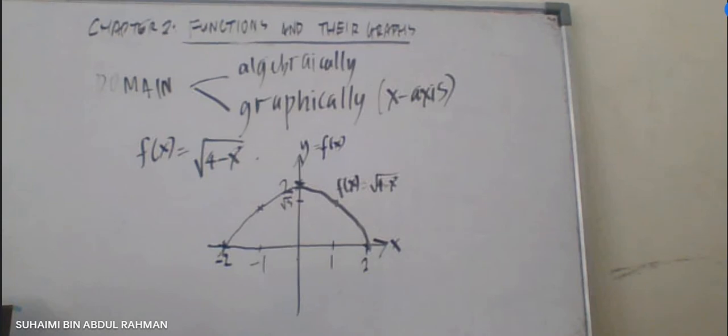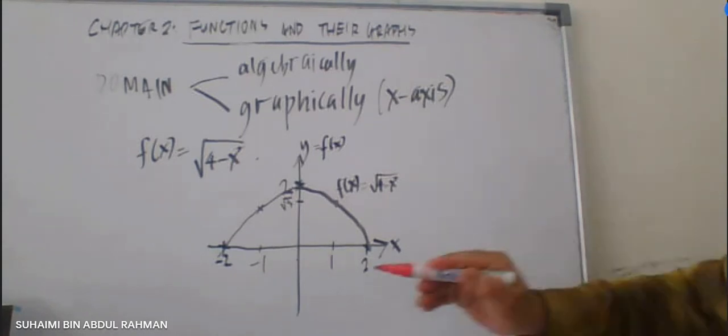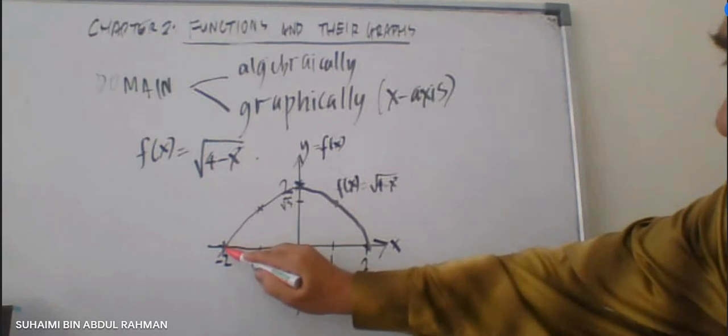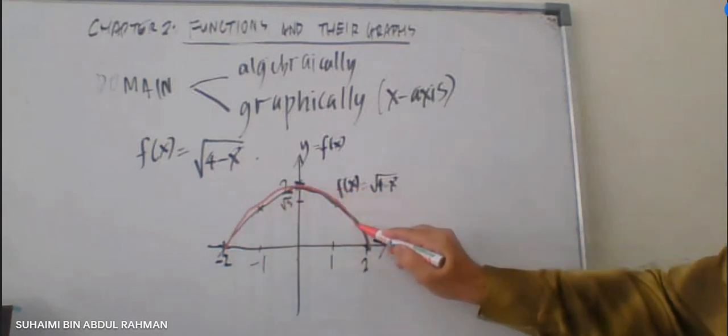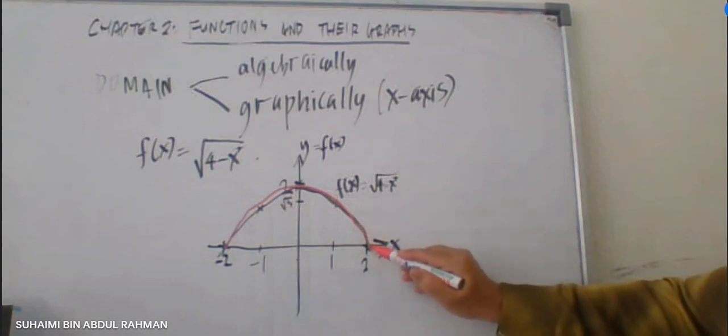Now we want to determine the domain graphically. The domain is -2 until 2. See, the graph starts from -2 and then goes until 2.